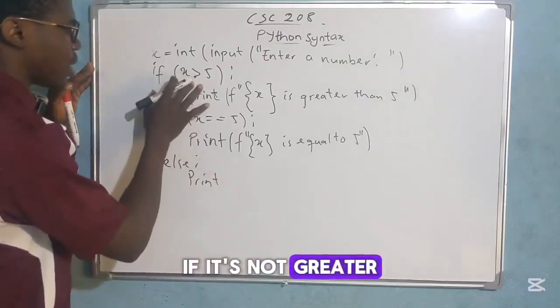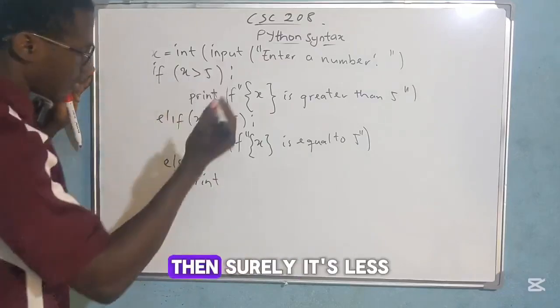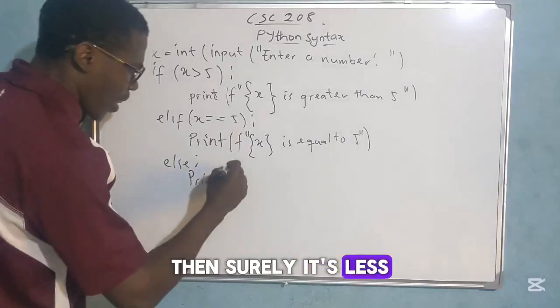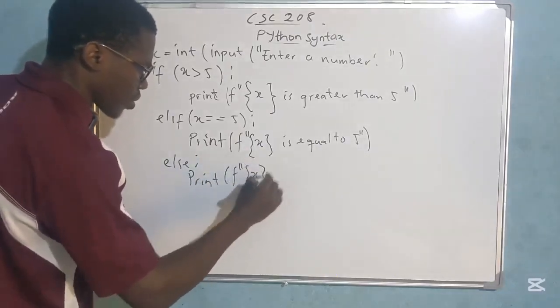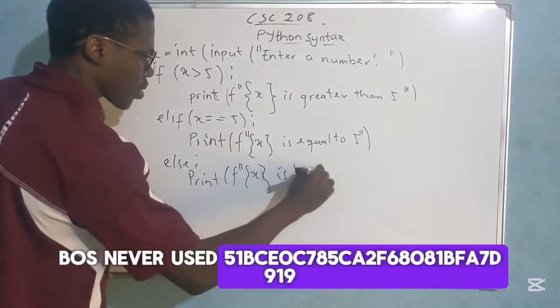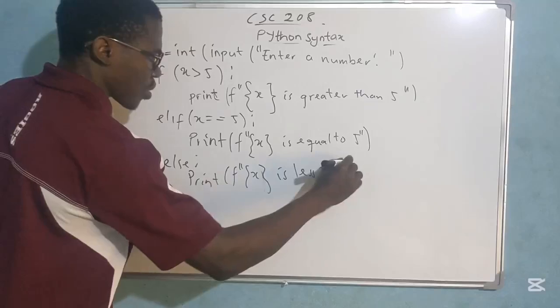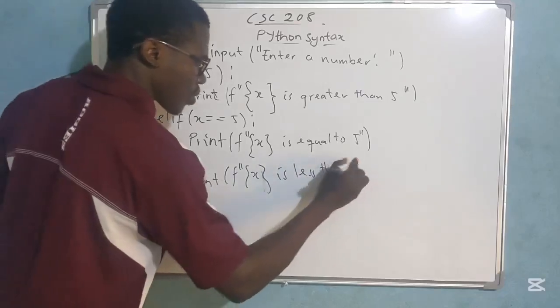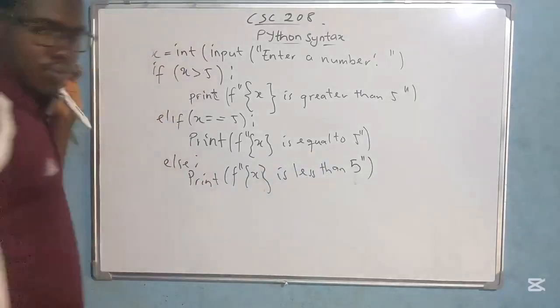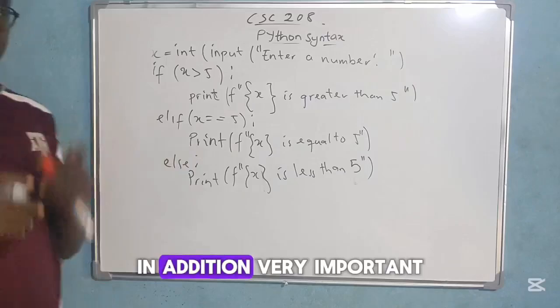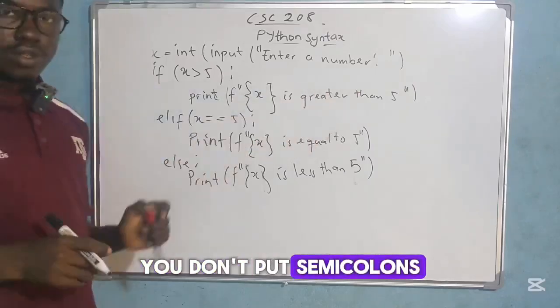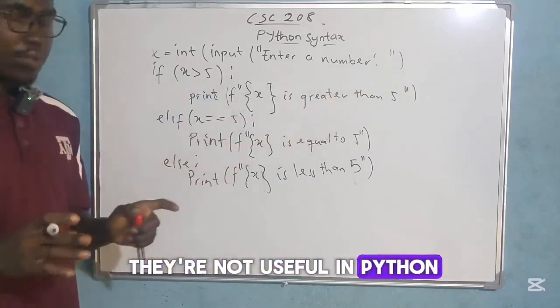If it's not greater, it's not equal, then surely it's less than 5. So that's it. Indentation, very important. We don't put semicolons. They are not useful in Python.